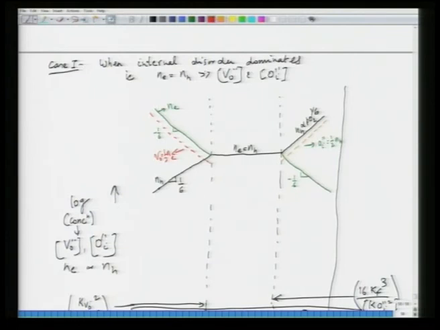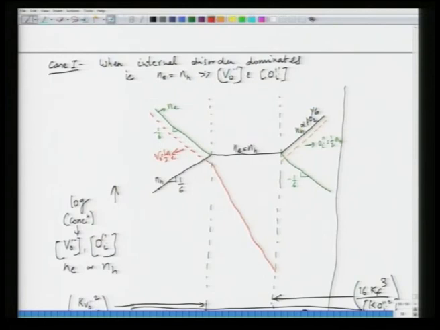Now, how do they vary? We know that in the center region VO decreases as PO to the power minus half, and OI increases as PO to the power plus half. So, the slope will change here. So, this will become like this.